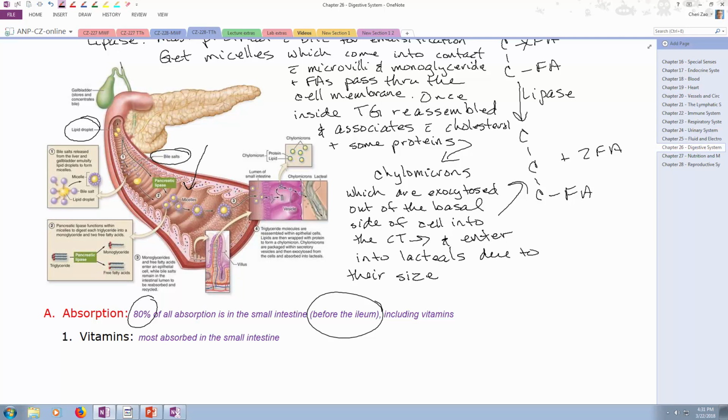What's really interesting is that the ileum is longer than the duodenum and jejunum combined and is only responsible for 20% of our absorptive needs of the foodstuffs that we take in. The other thing that's important in that area is that 2 vitamins are also, for the most part, absorbed in the small intestine, except for those that are made by bacteria from the large intestine.